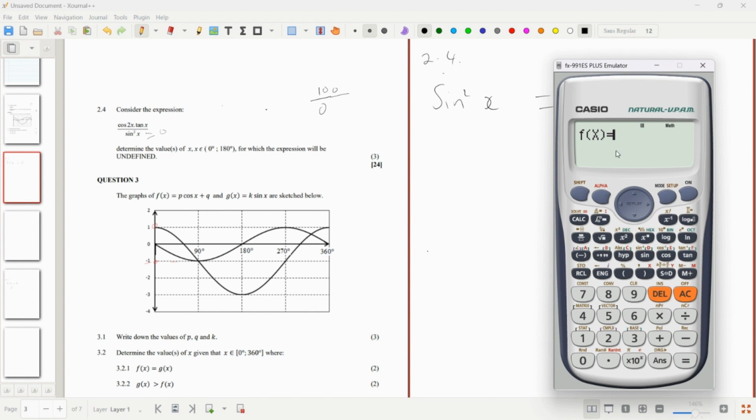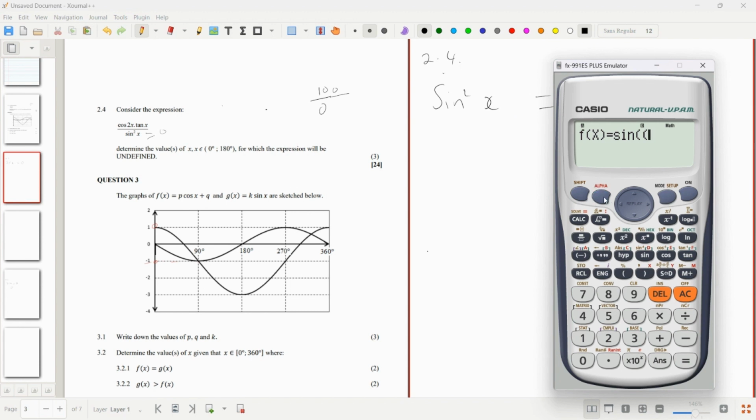There we go. So you should have f of x here, and you need to type this function. This will be sine, remember we're squaring this sine, so let's put another bracket. How do we insert x?